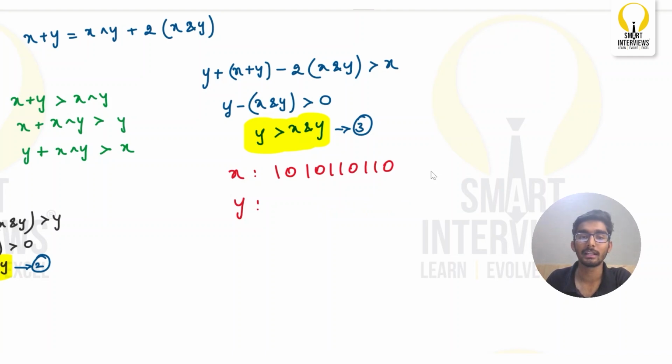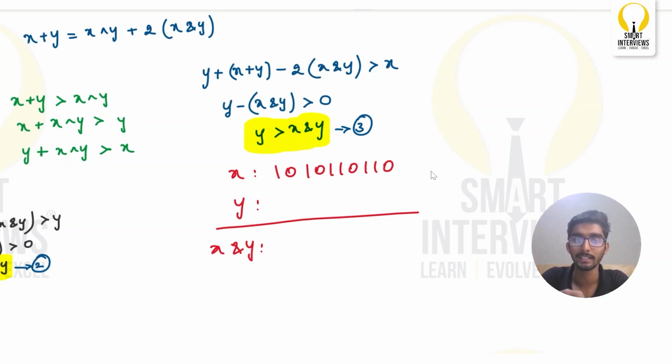Now, if the result is x AND y, this x AND y has to be less than y, right? So what can you say about y?